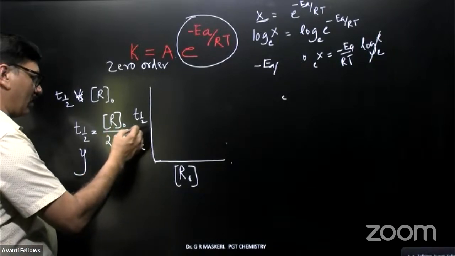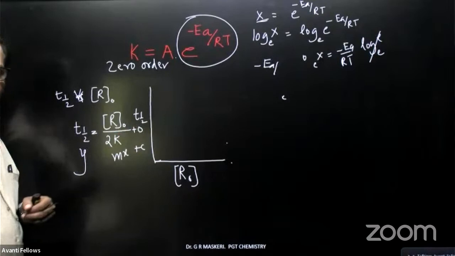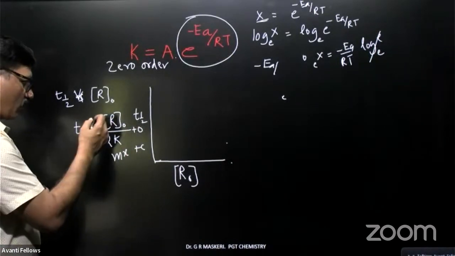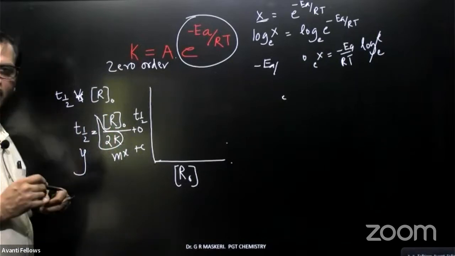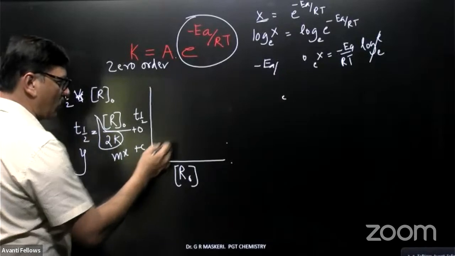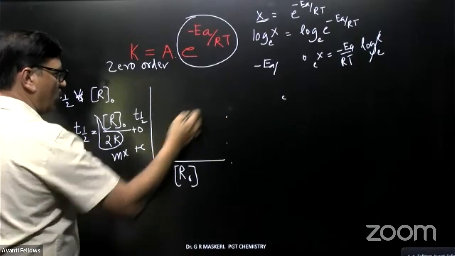The plus c is not there, so it is considered as 0. R naught is x, therefore 1 by 2k is the slope. And as the sign is positive, it should pass through the origin.